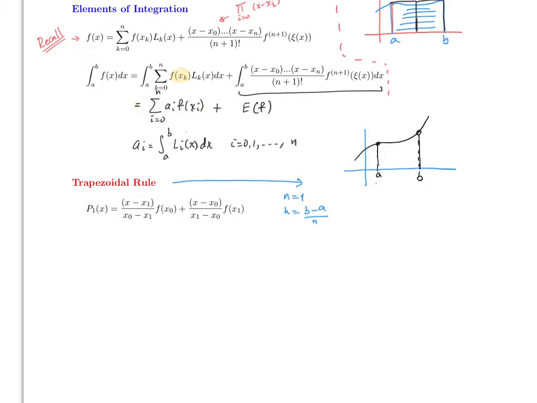And here x0 will be a and x1 will be b. So from here, this implies that h in this particular case is just x1 minus x0.